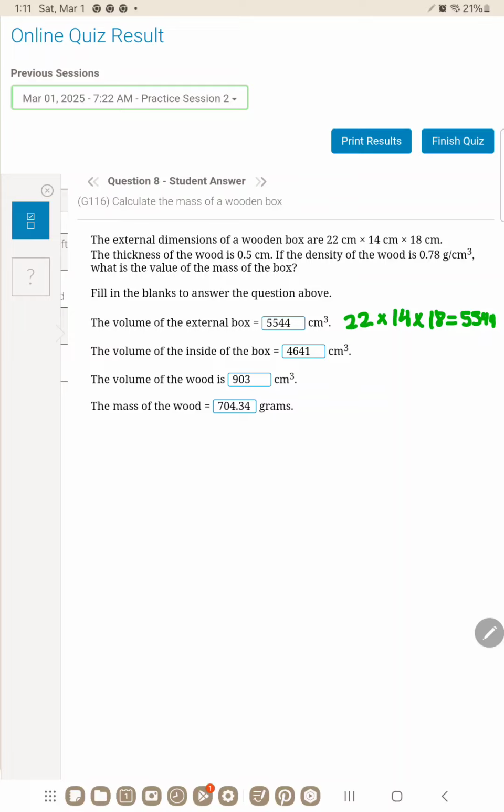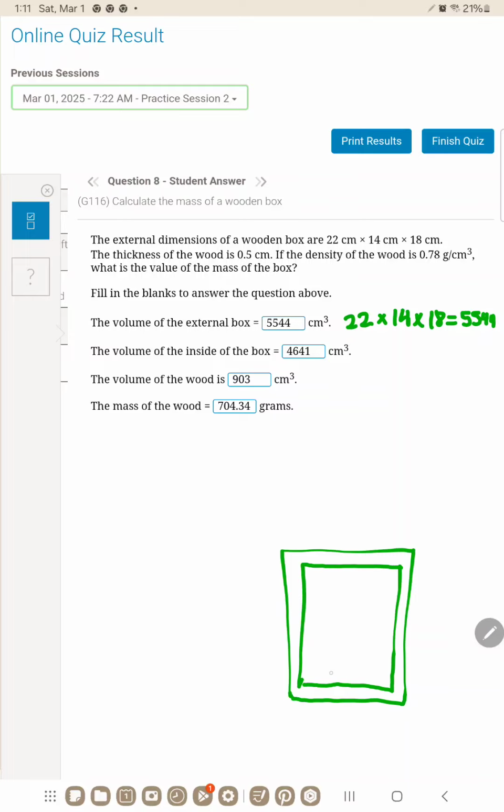Now the inside of the box. Look, they gave you that you have a box, right? And they told you its thickness is 0.5. So it's like you have 0.5 going from here, 0.5 from here, 0.5 from here, 0.5 from here.